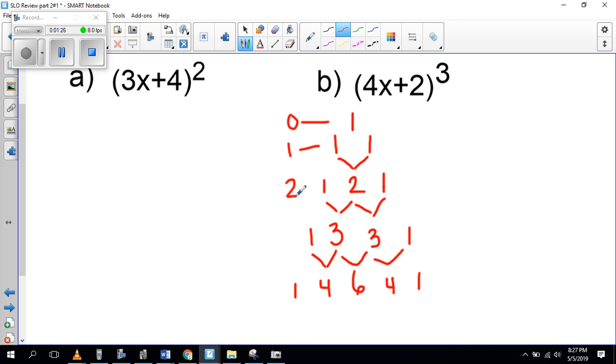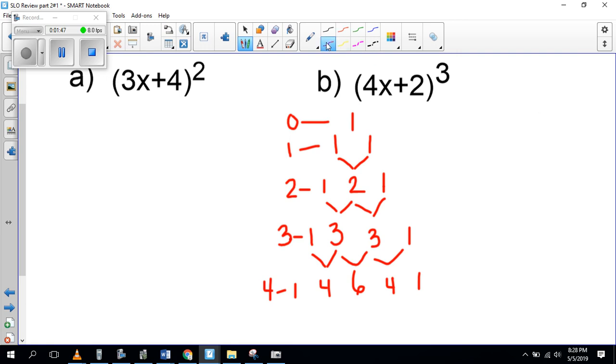This is my second row. This is my third row. And this is my fourth row. These are what we call our coefficients. So that's as far as I'm going to go for right now. But I will give you a copy of the Pascal's triangle. Unless you just want to make it or something.